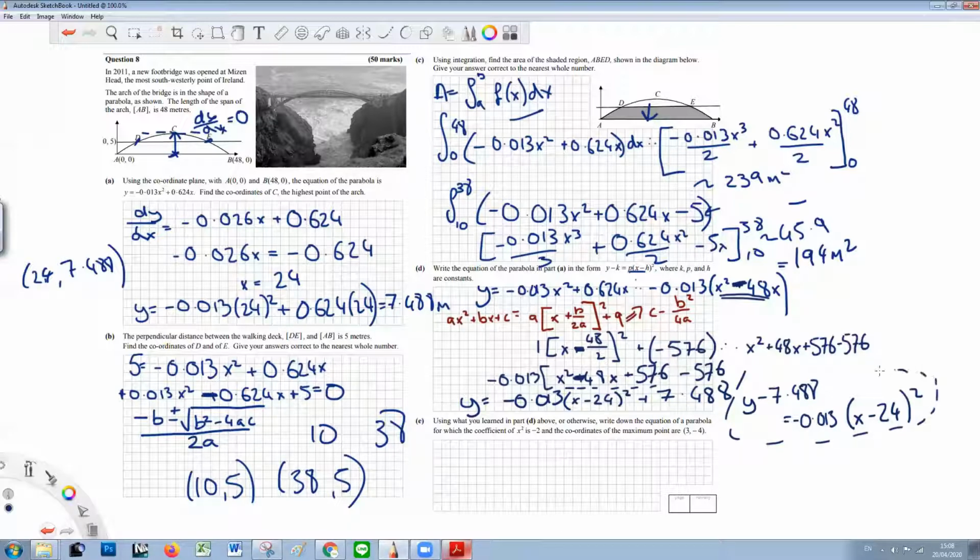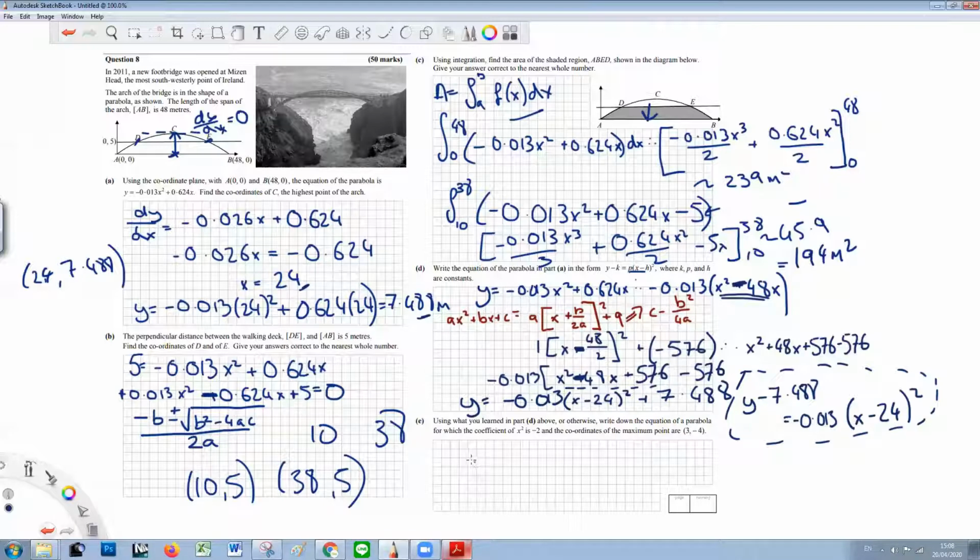So this is what we learned above. Now, we know from originally that our middle point was 24, and our highest point was 7.488.